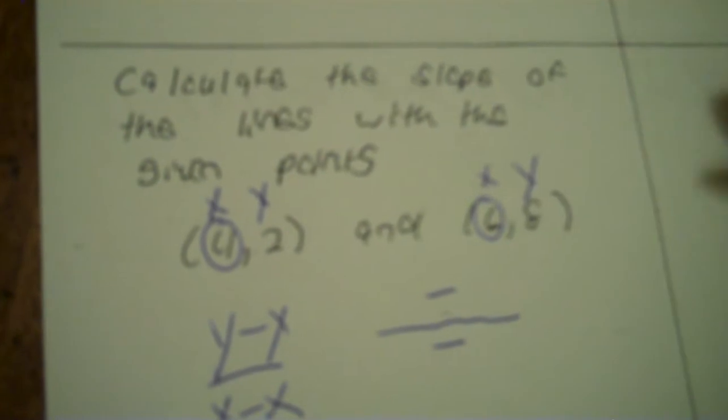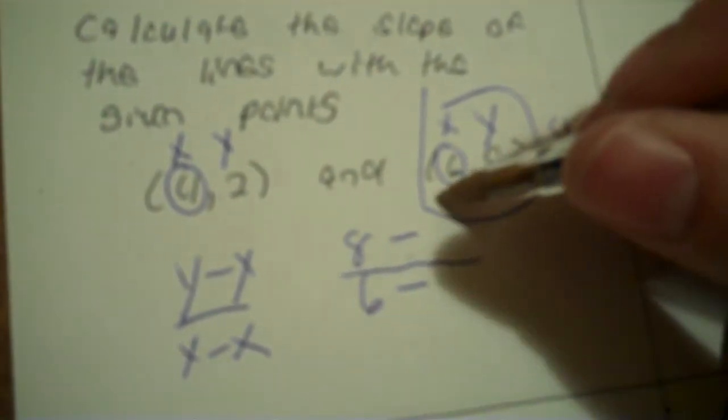Now we have to decide which coordinate we should start with. I'm going to circle my x's. You want to start with the coordinate that has the higher x. So 4 and 6, 6 is higher. So that's my starter.